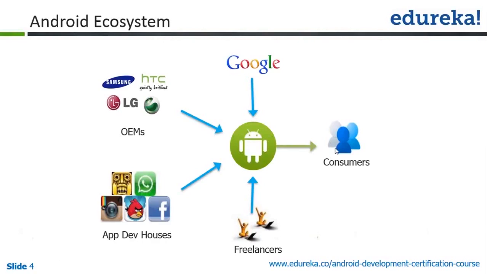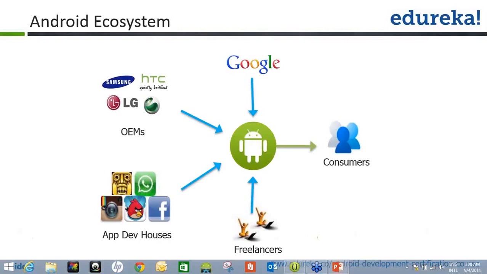That is the reason why Android has supremacy over the other operating systems, because it has a very sizable app store. You can look into it and find any application that may serve your purpose. We as Android application developers are the ones who actually create those applications, and that is where we step in.